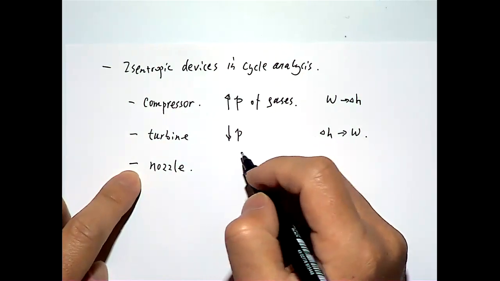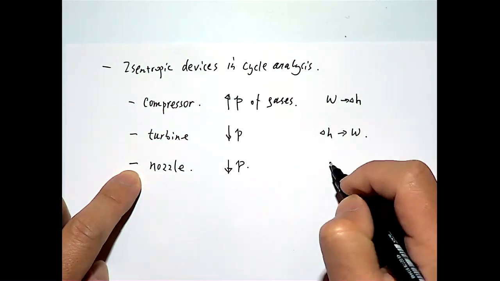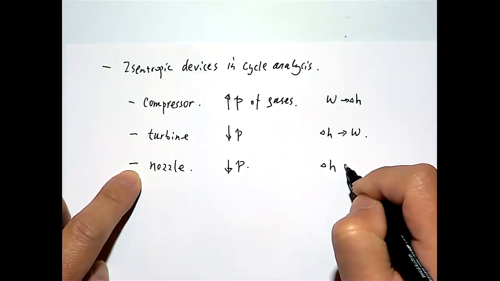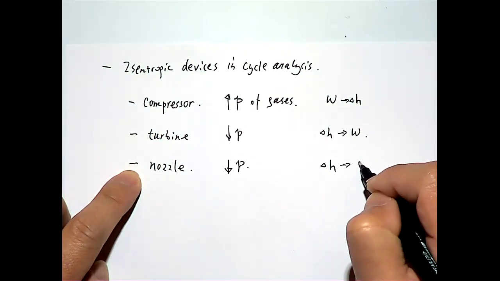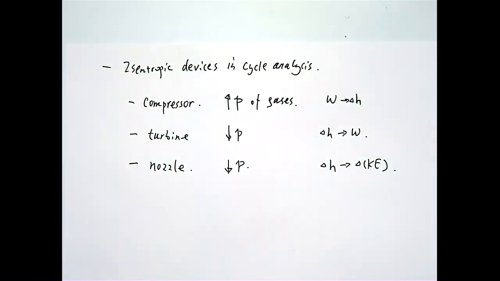It will drop the pressure, but the purpose is to convert the enthalpy to kinetic energy, to produce high velocity gas at the exit of the nozzle, so that it can produce thrust to propel the aircraft, right?